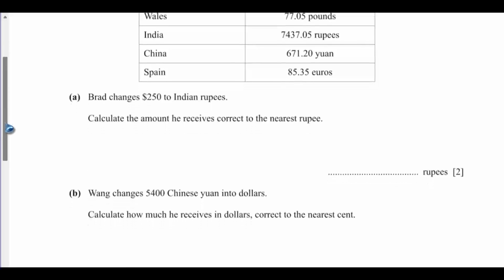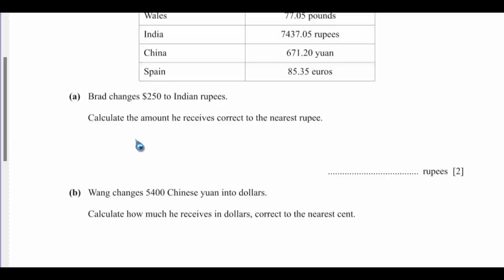So we already know that the exchange rate will be dollars to rupees. When you have $100, you are going to get 7437.05 rupees as given from the table.